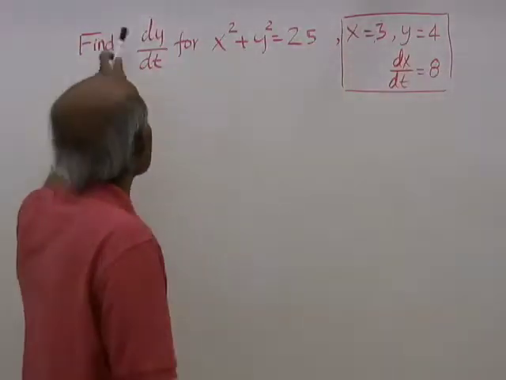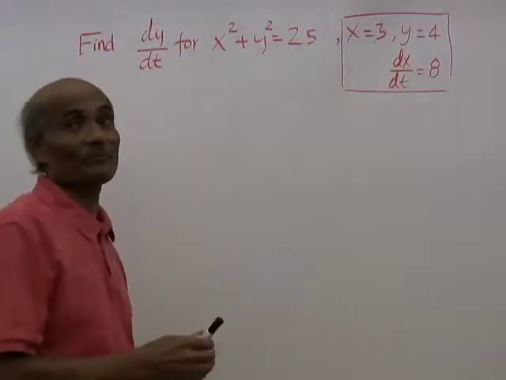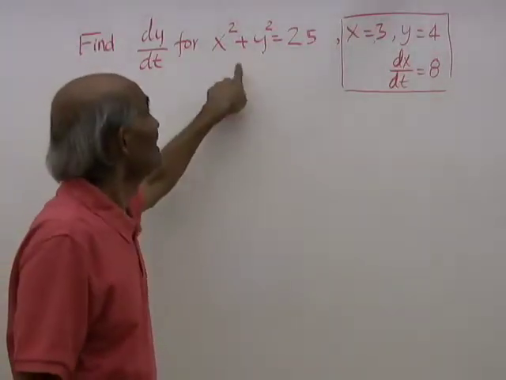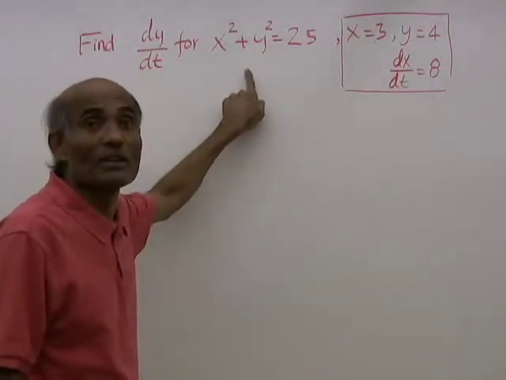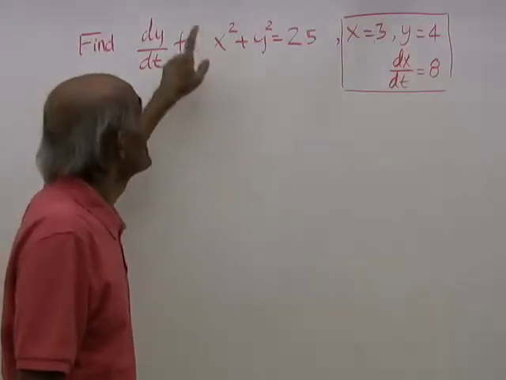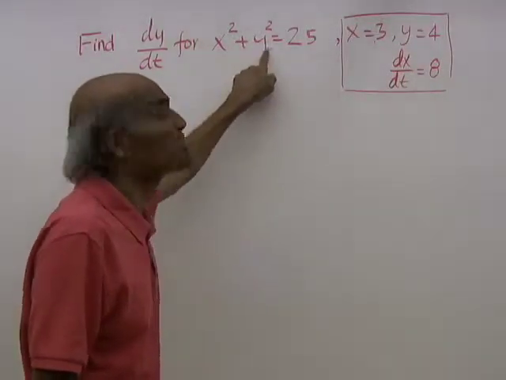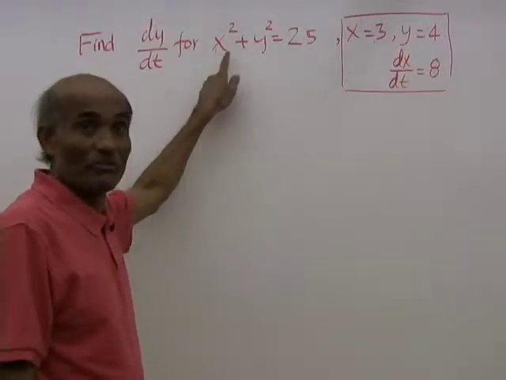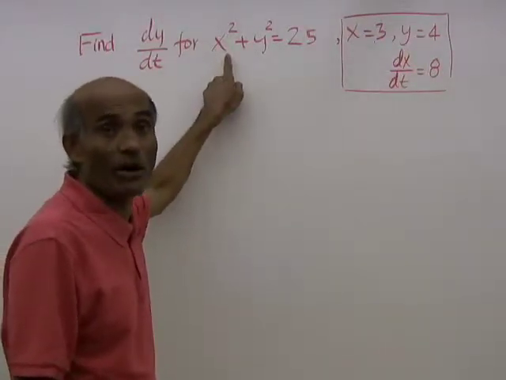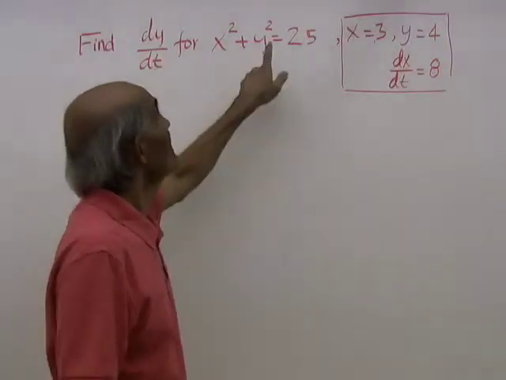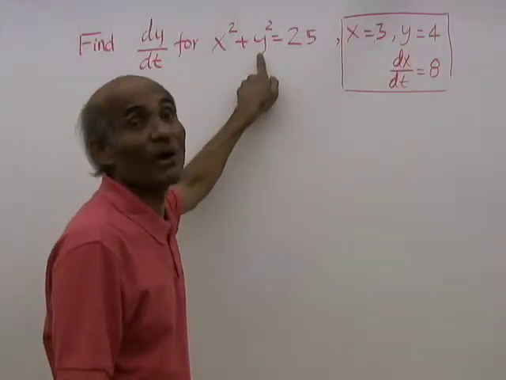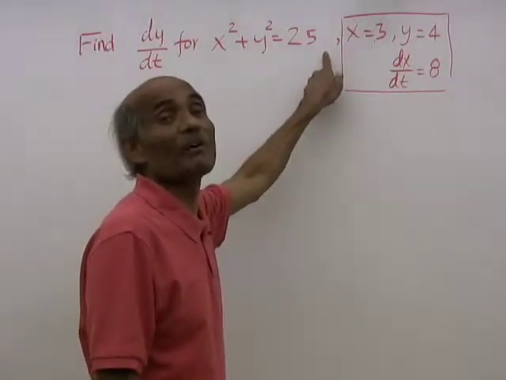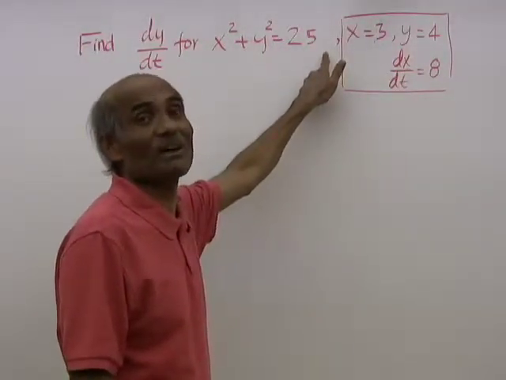To do that, all we need to do is take our given expression and find the derivative of each term with respect to time. So we find the derivative of x squared with respect to time, the derivative of y squared with respect to time, and the derivative of 25 with respect to time.